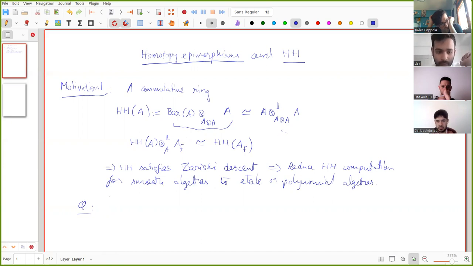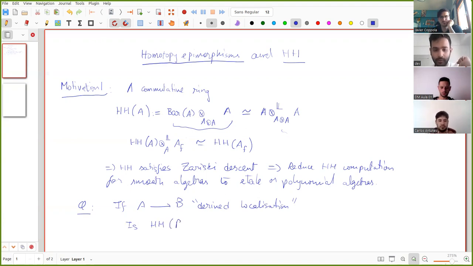So if you have what is called a derived localization, which I'll come to in a bit, then is the same thing still true? That is, is HH of B the same thing as HH of A, derived tensor product over A with B? Okay, so that is one question you might want to ask.